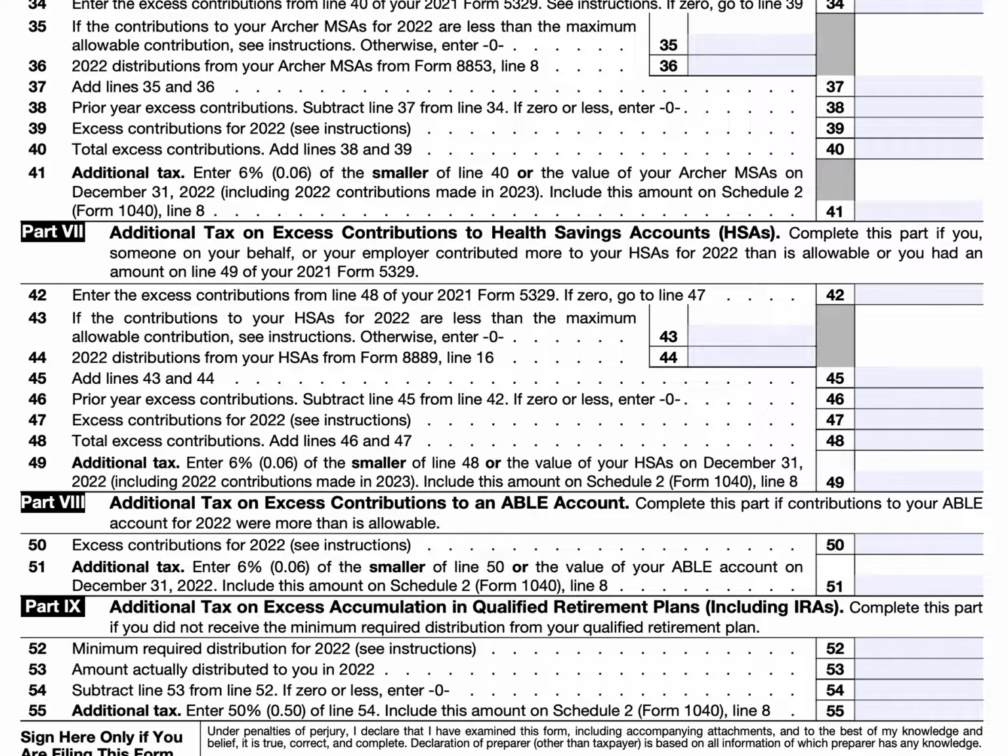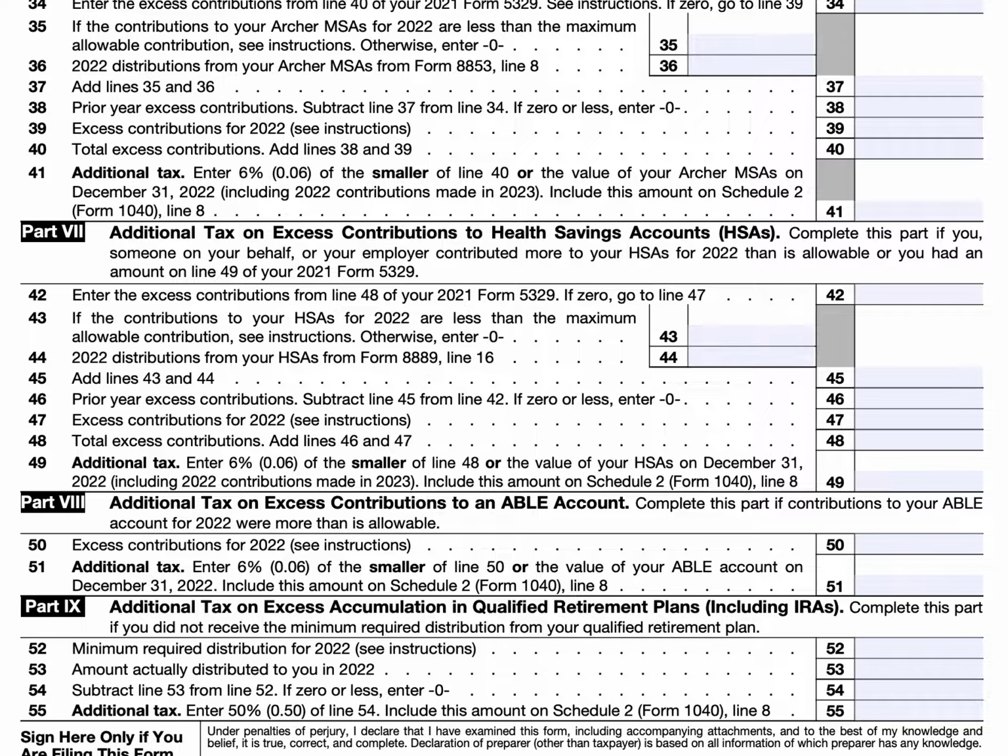Part 9 is the additional tax on excess accumulation in qualified retirement plans to include IRAs. You will complete this part if you did not receive the required minimum distribution from your qualified plan. In line 52, you will enter the minimum required distribution for the tax year.